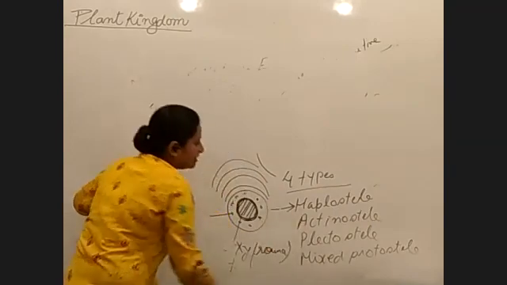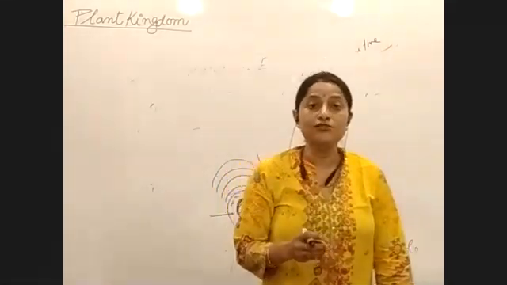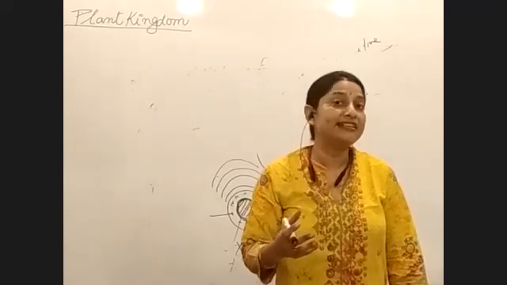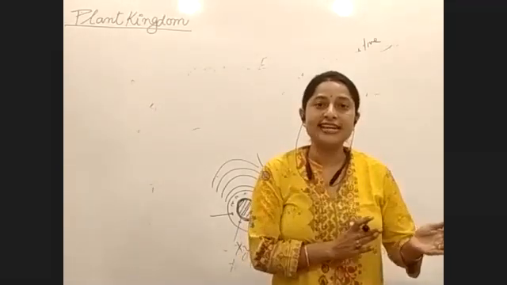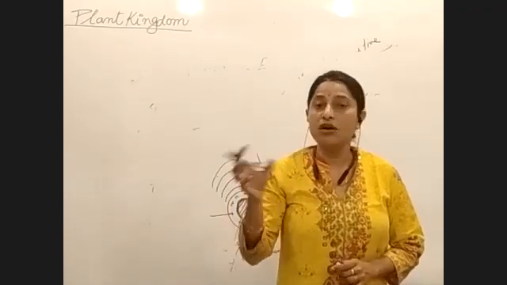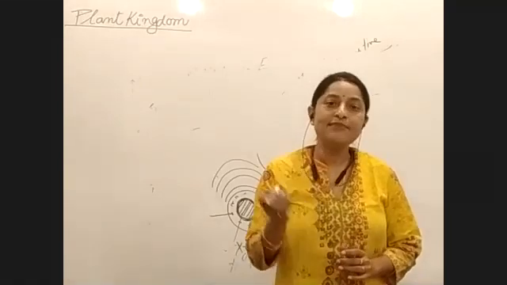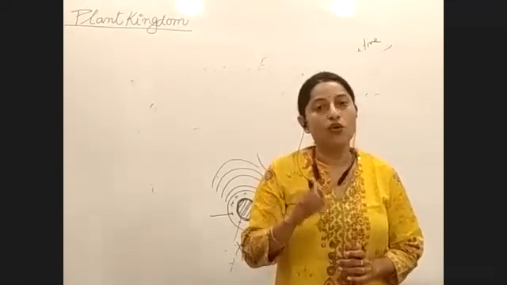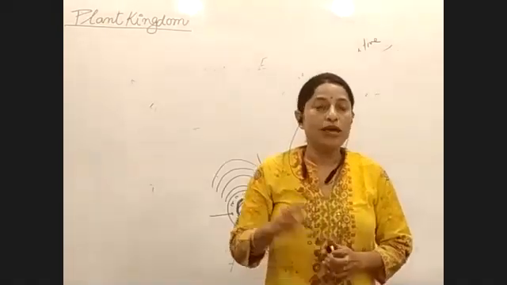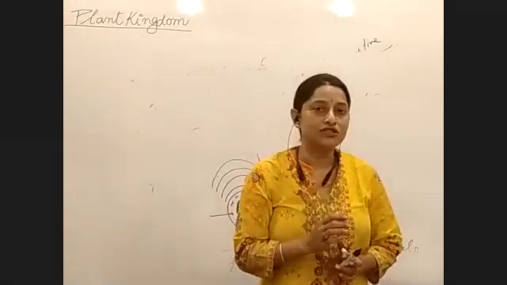Gradually in the process of evolution, what develops in the center? Pith develops in the center. Initially what was there? Xylem tissue. In angiosperms we see pith. So in that centermost portion, if pith has to develop, then obviously xylem tissues need to break down. When pith was absent it was a solid cylinder of xylem tissues.